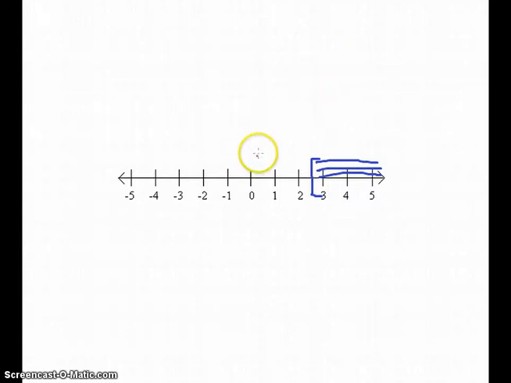The second inequality is x is less than or equal to 1/2, so that's going to be between 0 and 1. And so again, I need a bracket because I want 1/2 in my interval, and it's going to be opening to the left this time because we want the numbers less than or equal to 1/2.